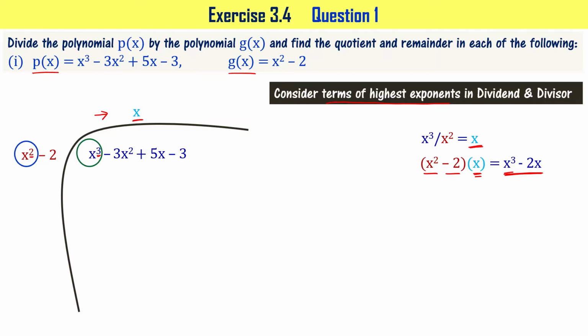That has to be subtracted from the dividend here. When I subtract, we have terms containing x cube and x, but no x square terms. That's why I have written here 0 x square.